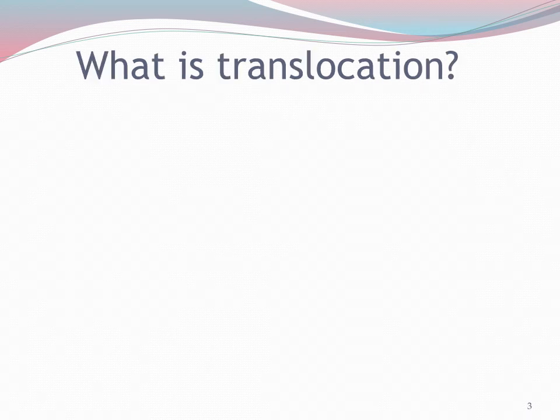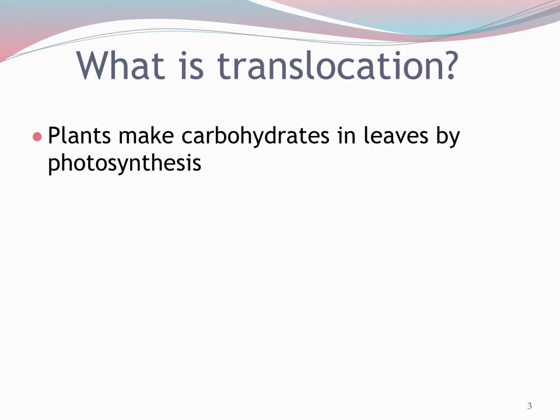So what is translocation? Well, in the last topic, we discussed the transport of water. In this topic, we're going to discuss the transport of soluble products in the plant. So this is translocation. Plants make carbohydrates in the leaves by photosynthesis. They also use some of these carbohydrates to make amino acids, proteins, oils, and other organic substances.